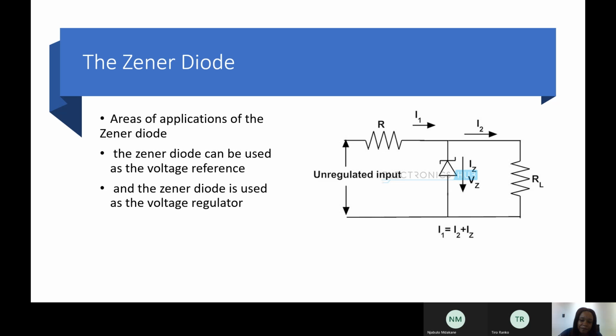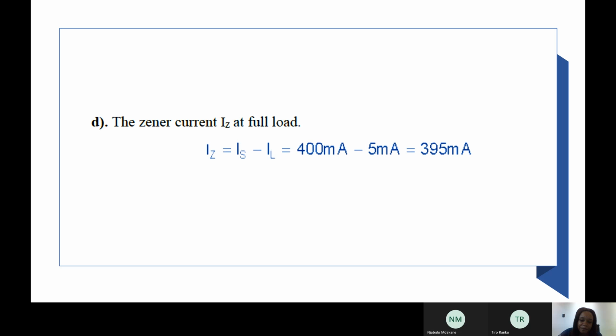If we have the value of the current going through the load, we can find the value of IZ. You can see what they did here is they went straight to it. They didn't do what I did. They went straight to it because they have the maximum value of the current in the series minus the value of the current in the load. Yes.